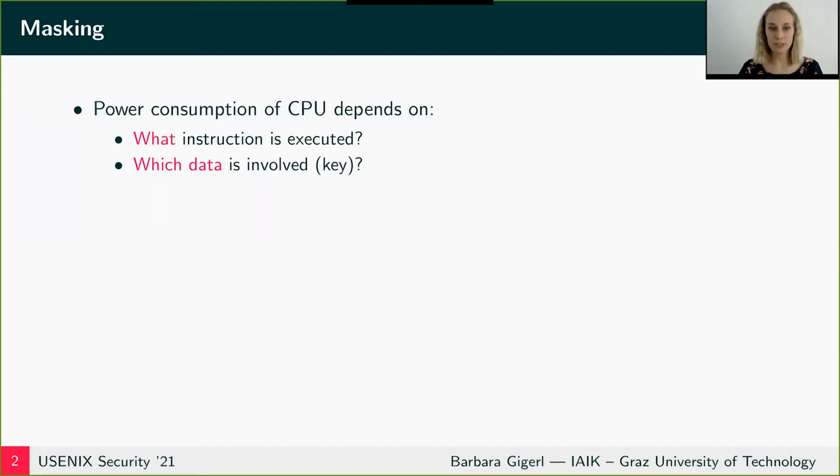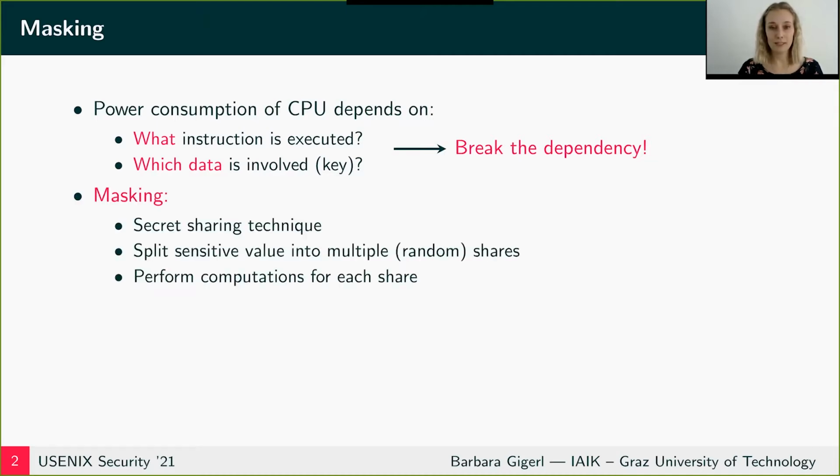And in order to construct the countermeasure against that, we have to break this dependency. We can do that by applying a technique called masking. What we do essentially there is that we have our sensitive value, and we split it into multiple random shares. And then we don't do the computation on the sensitive value, but on the shares itself.